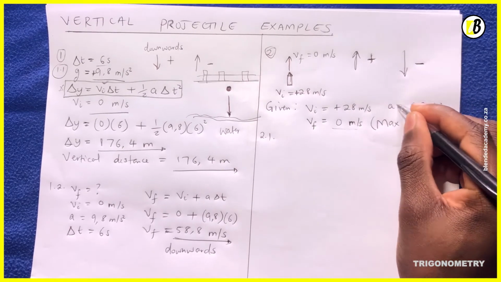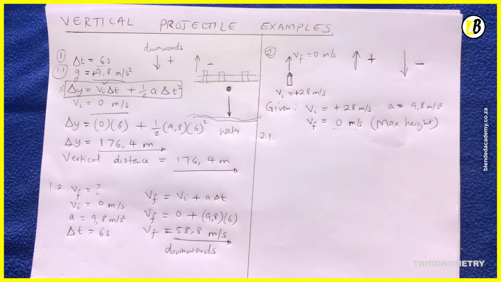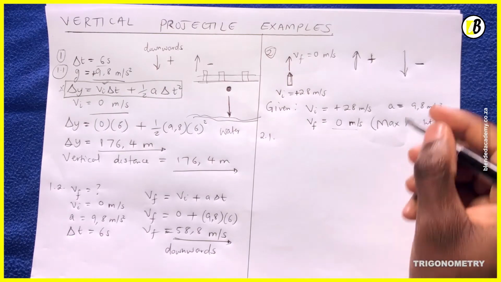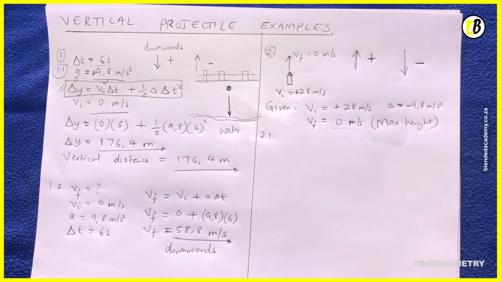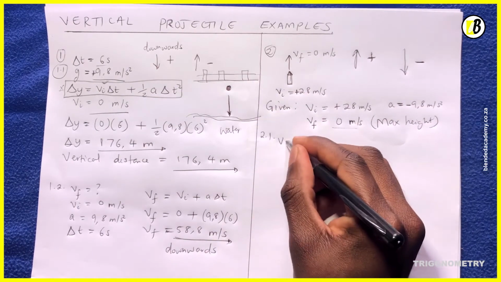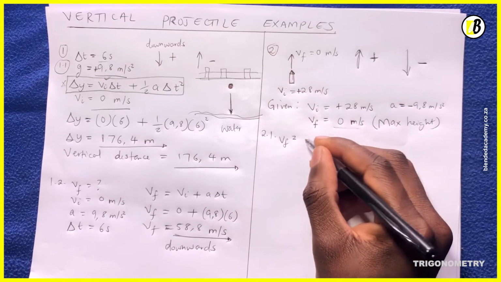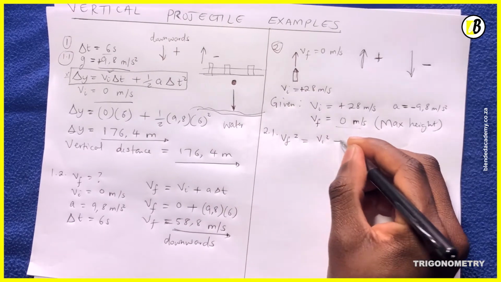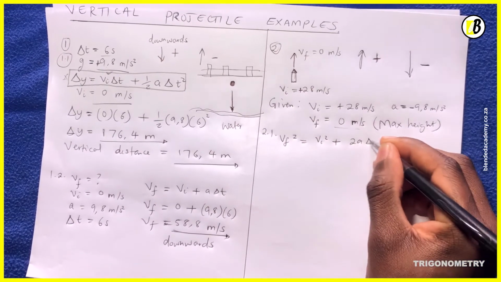You need to remember this also. Anything going downwards is negative, because we're taking the upwards direction as our positive. So let's use the equation Vf squared equals Vi squared plus 2a change in y.